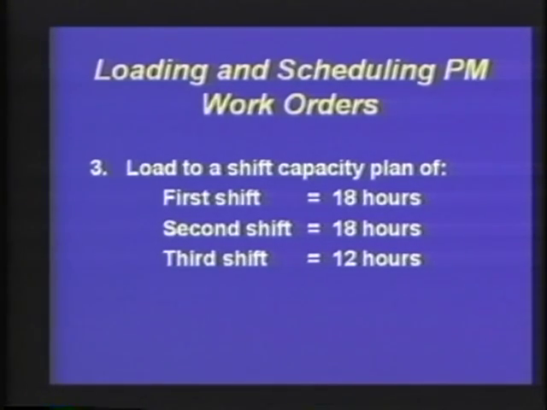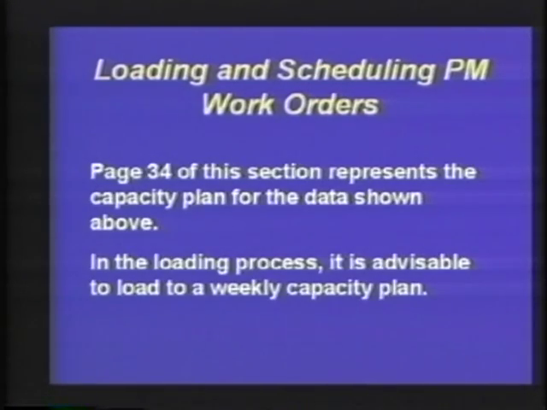Now, as I indicated a minute ago, page 34 illustrates how that capacity plan is identified by the first, second, and third shift. In the loading process, it is advisable to load to a weekly capacity plan. Okay? Then you can break that weekly plan into daily, and then from daily into shift.